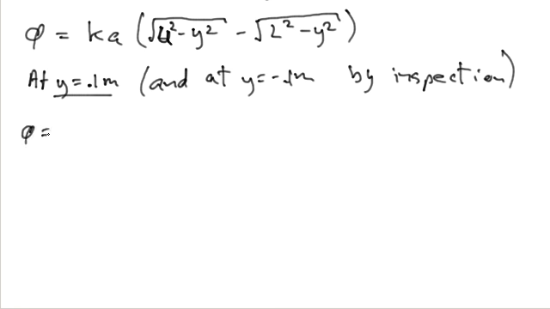Okay, so phi equals 8.99 times 10 to the 9th Newton meter squared per coulomb squared times 2. I think I've got the units wrong.